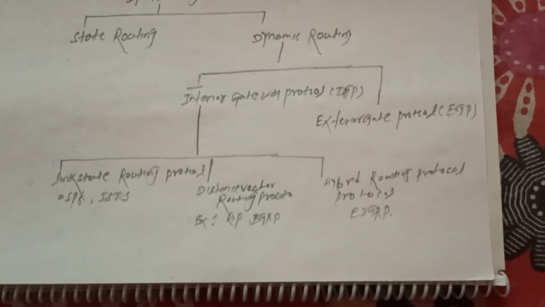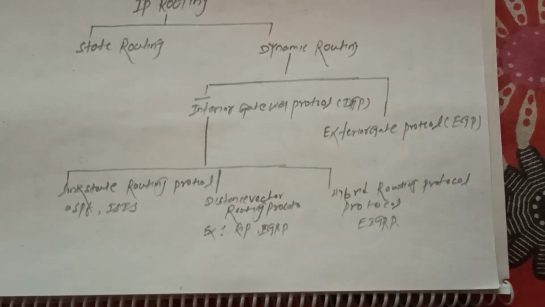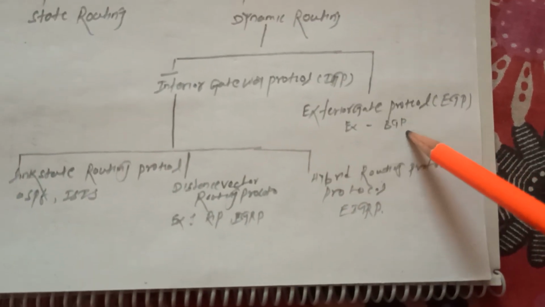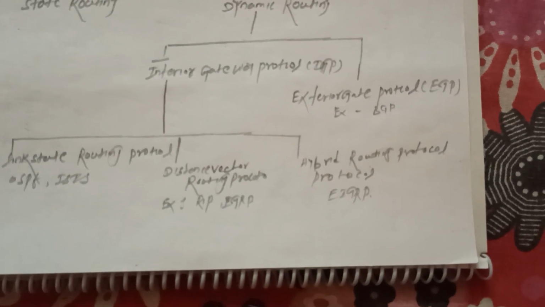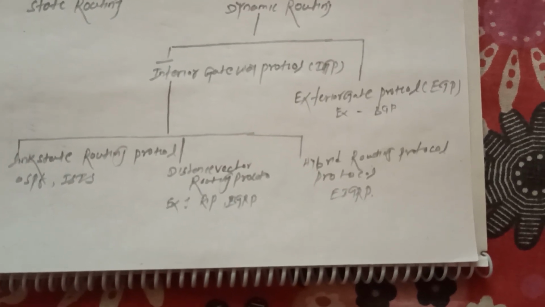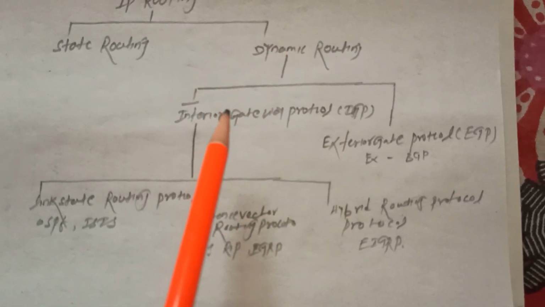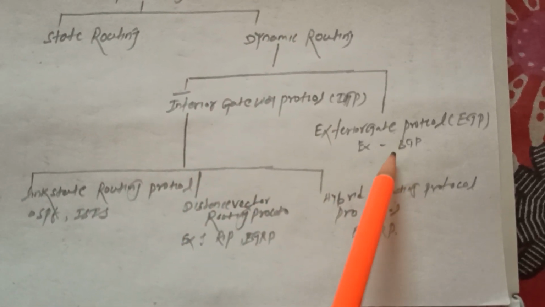Sorry, I forgot to mention the example; I am writing it now. The exterior routing protocol example is BGP. So dynamic routing protocols are of two types: interior gateway protocol and exterior gateway protocol.